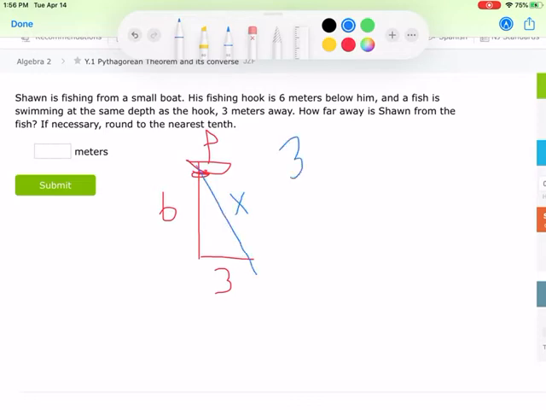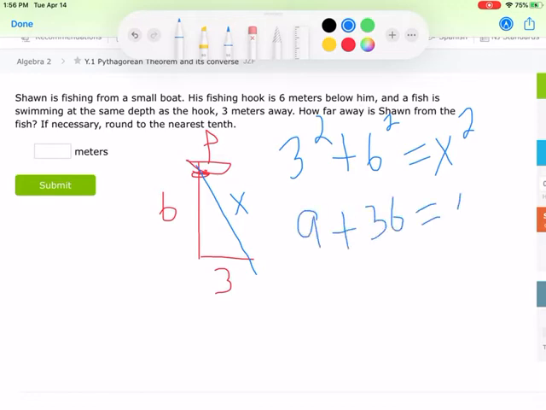So again, same thing. 3 squared plus 6 squared is equal to x squared. I'm just going to use my calculator on there. I get 9 and 36. That's equal to x squared. Then add those two things together. 36 plus 9 is 45, and that's equal to x squared.